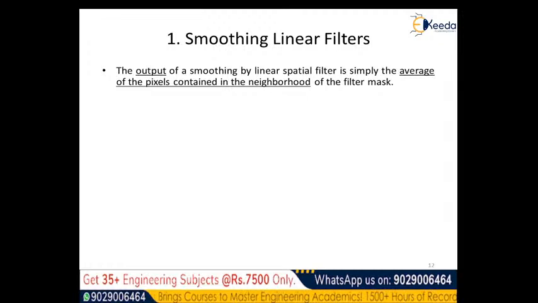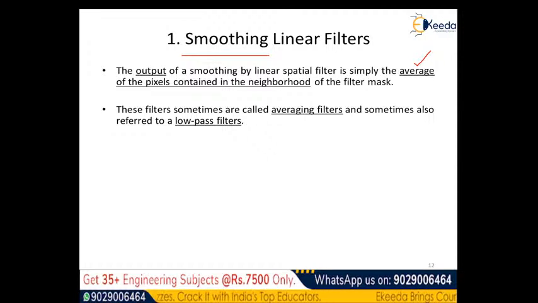So this is the very simplest and basic operation, which has a linearity property to produce the output result here, and it is of course popular because in minimum duration you can achieve the averaging and get the result smooth for the intended or the entire portion here. Because of the averaging, the smoothing linear filters are also known as averaging filters, and they are sometimes also referred to by the name low pass filters here.